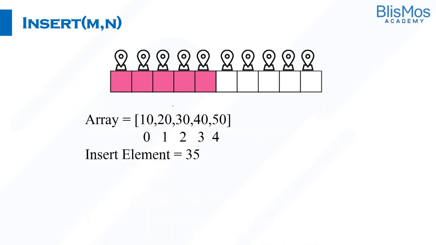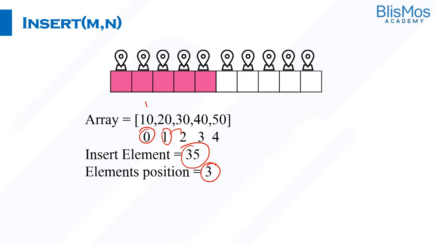If you want to add element 35 at position 3, you need to understand how indexing works in an array. The first element is indexed at 0, the second element is 1, and so on. So the index is 0, 1, 2, 3, 4.